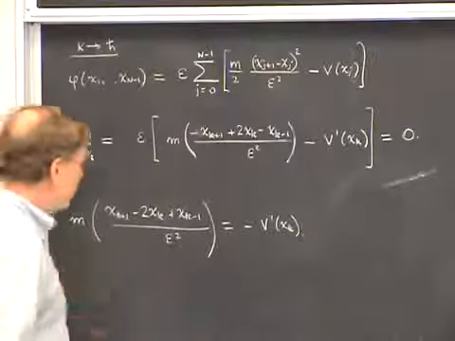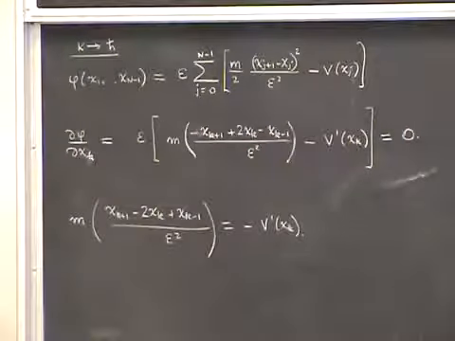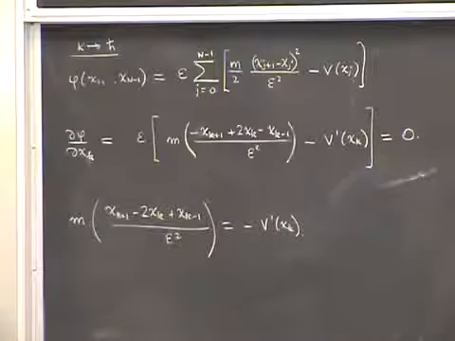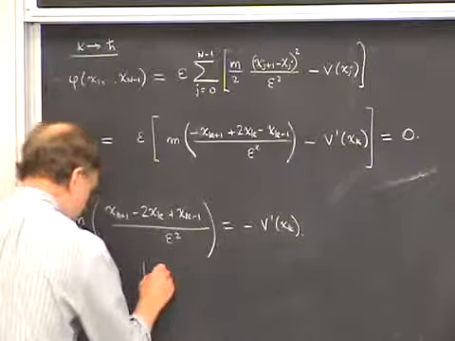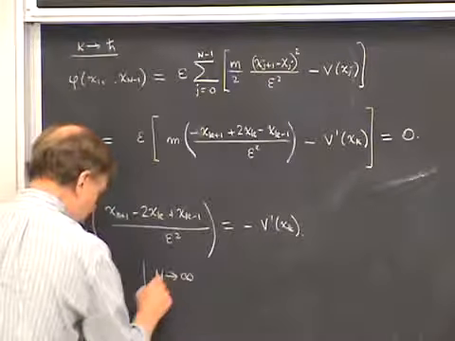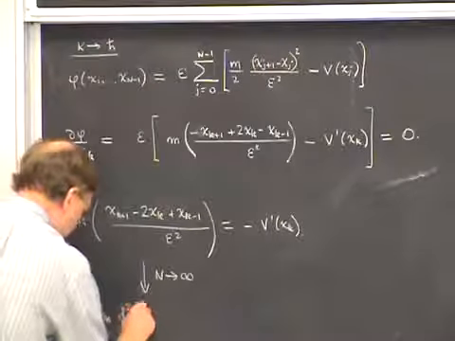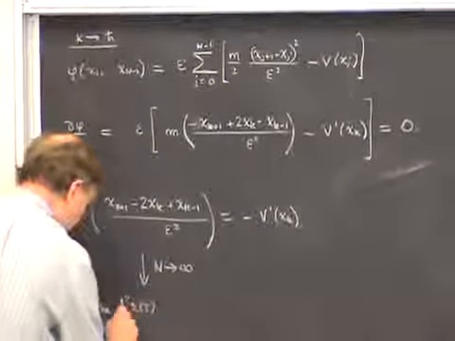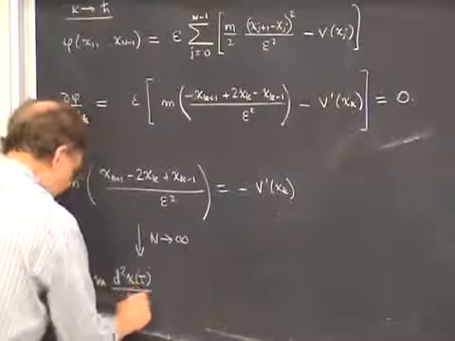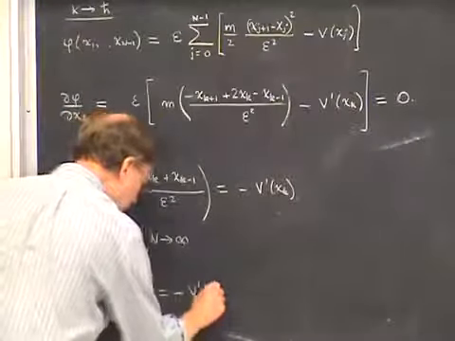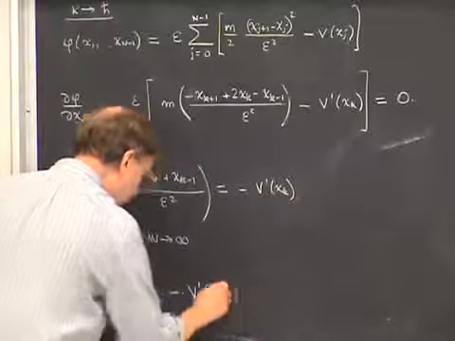Solving the discretized version of the differential equation is what people do on computers when they solve them approximately. However, we're really interested in the limit that n goes to infinity. In that limit, this turns into a continuous differential equation, which is m times d squared x of tau over d tau squared, equal to minus the potential v prime evaluated at x of tau.